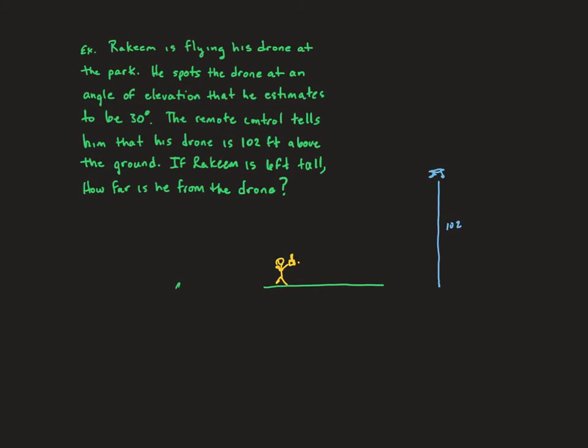Here's ground level, right? And we know that he is 6 feet tall, and of course this is not drawn to scale, so I know that this distance is 6 feet. And then it says he estimates the angle of elevation, this angle looking up, to be 30 degrees.